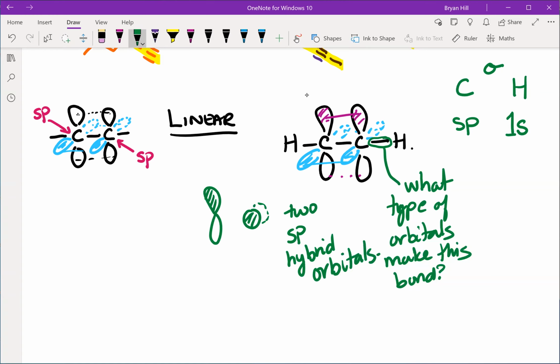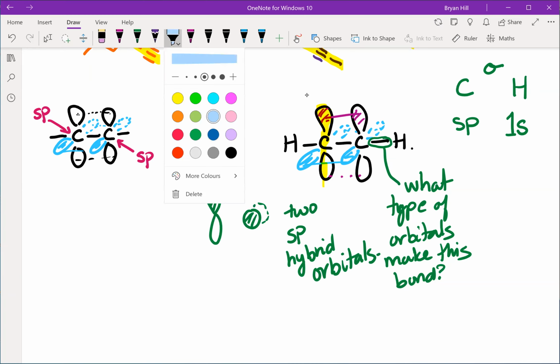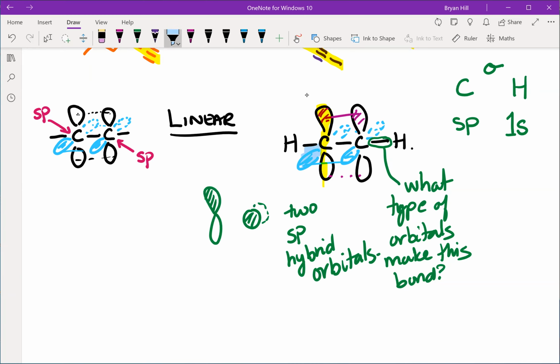So here's one p orbital, here's the other p orbital.